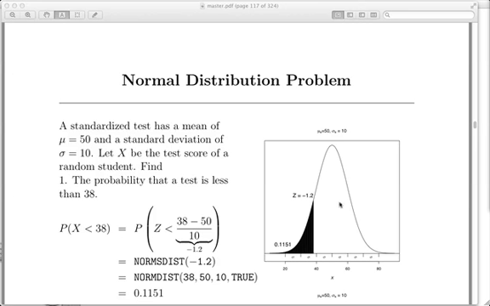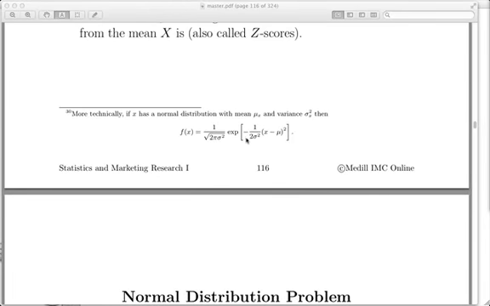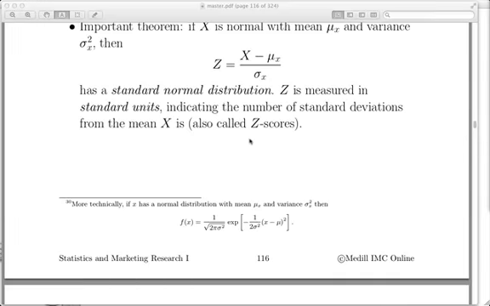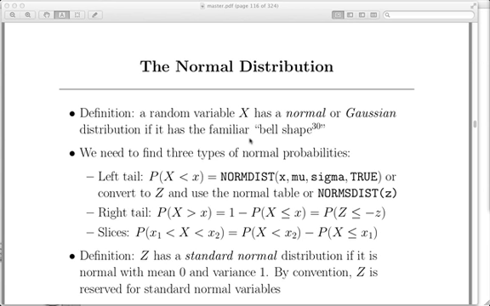If you want an equation for that curve, I actually give you the equation in the footnote. You're not really responsible for that, but often students are interested in the equation of it. So that's what a normal random variable is.